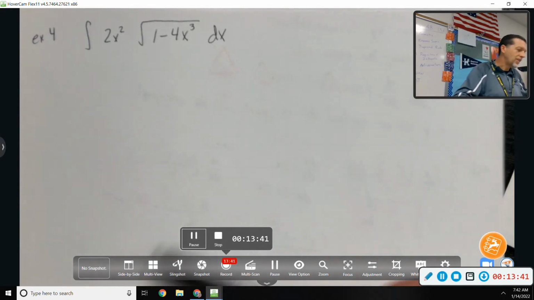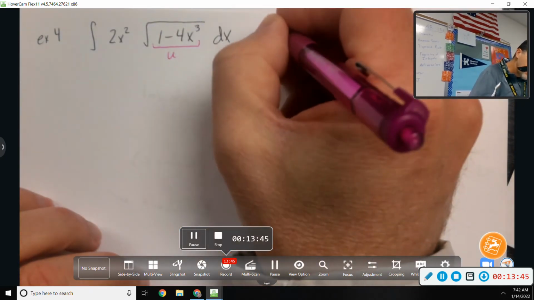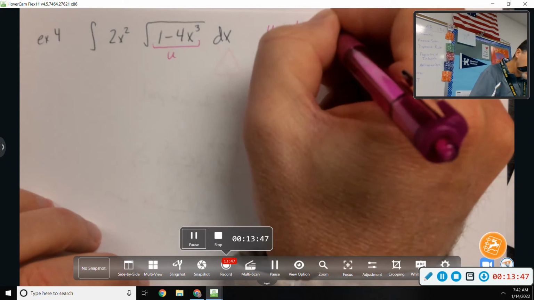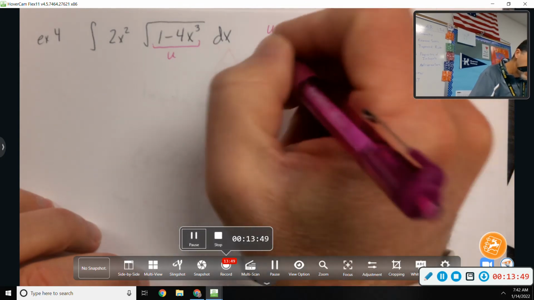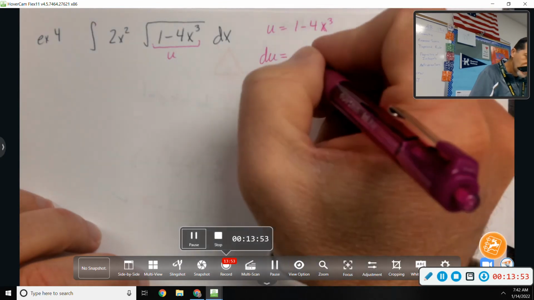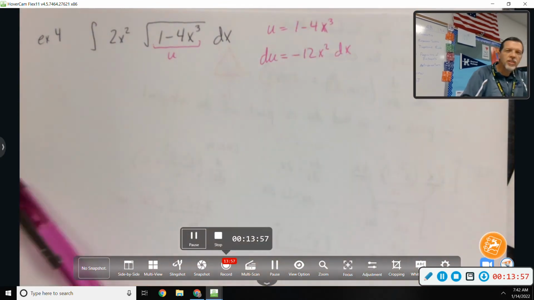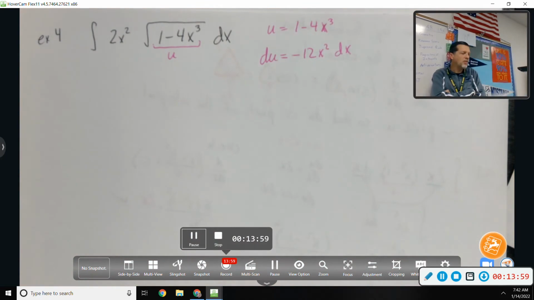Yeah, you guys. Because if u is 1 minus 4x cubed, then du is negative 12x squared, which isn't exactly what we have, but we can sort of force that into the problem.